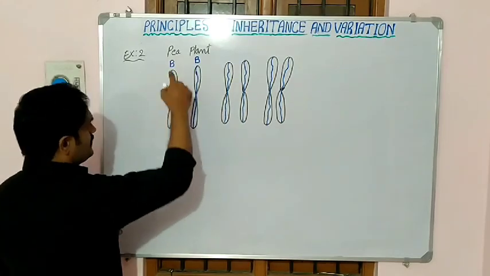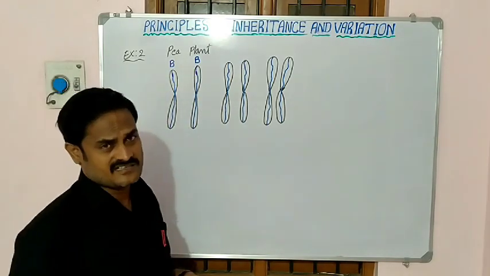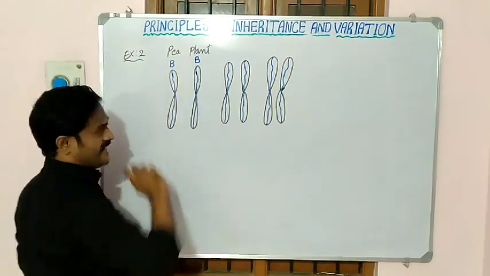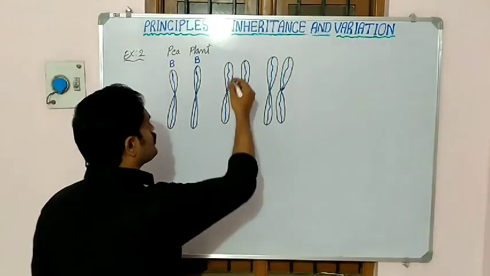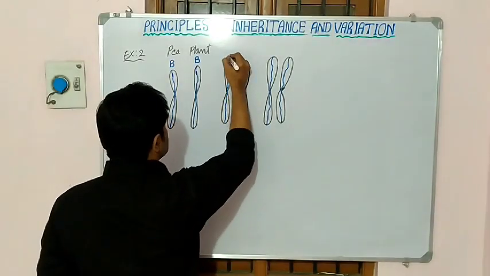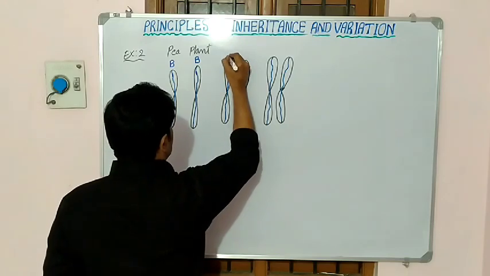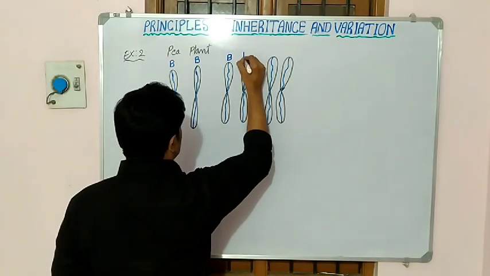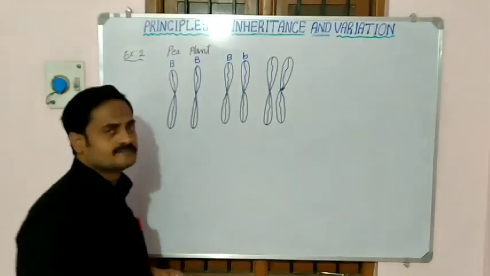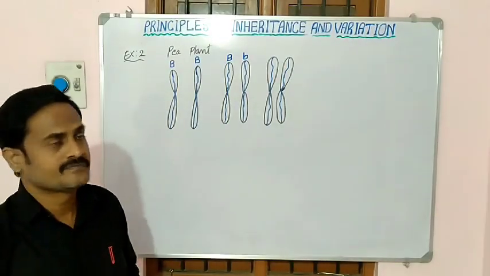In the DNA, 2 types of alleles are present. Both are capital B. Then the second pair of chromosomes consists of one capital B allele and one small b allele. This is a different type.